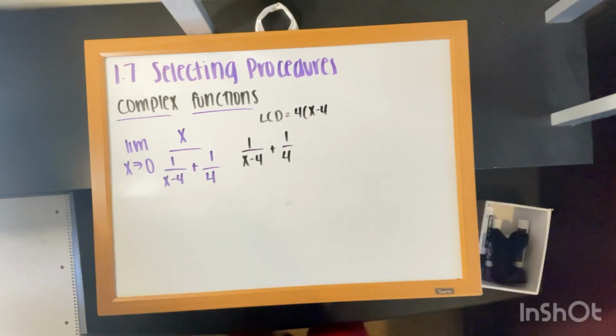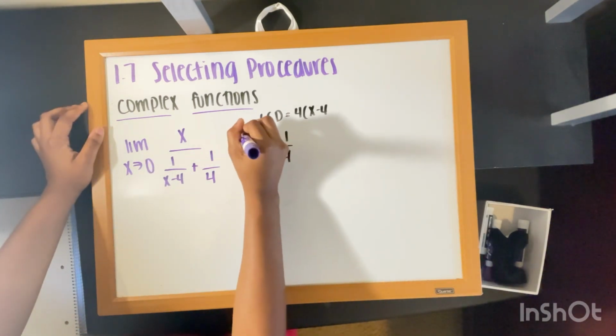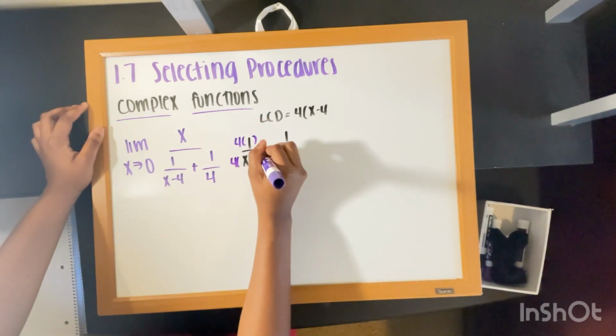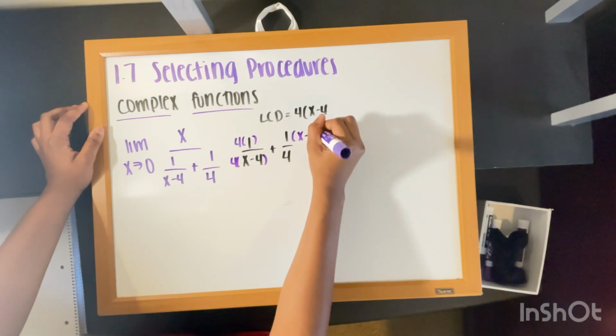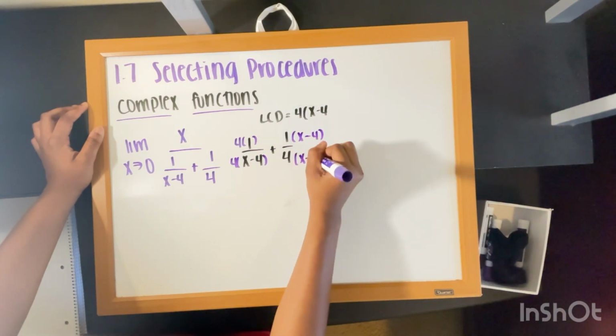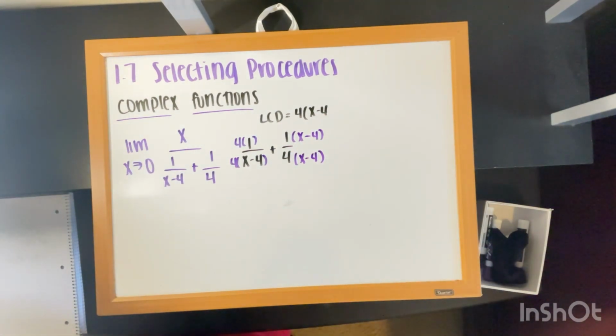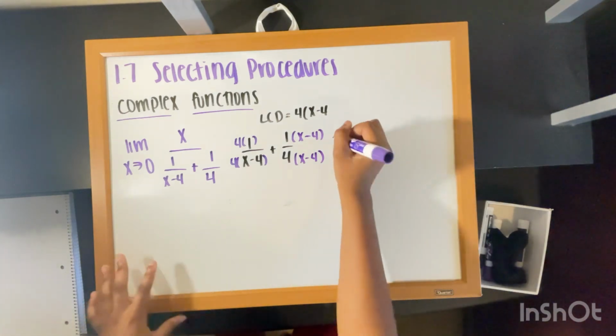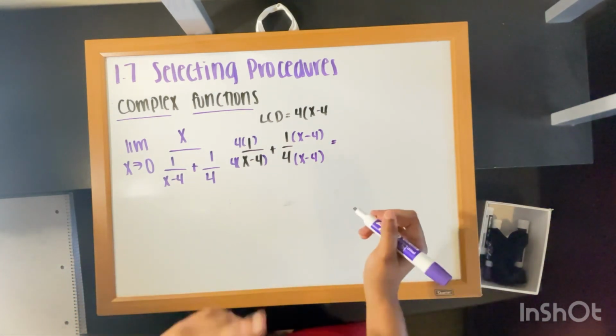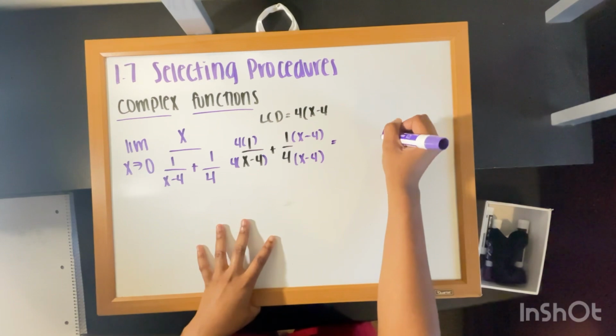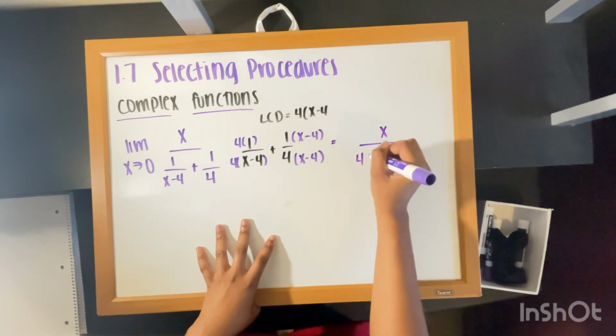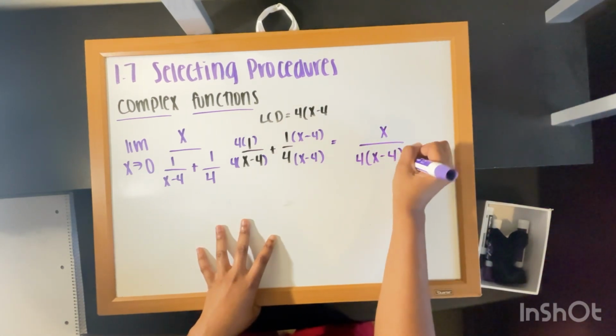So thinking back to pre-calc and algebra, you would have to multiply 4 to this side and x minus 4 to the other side. And remember, what you do to the top, you do to the bottom. So after doing this, I know I would get x over 4 times x minus 4.